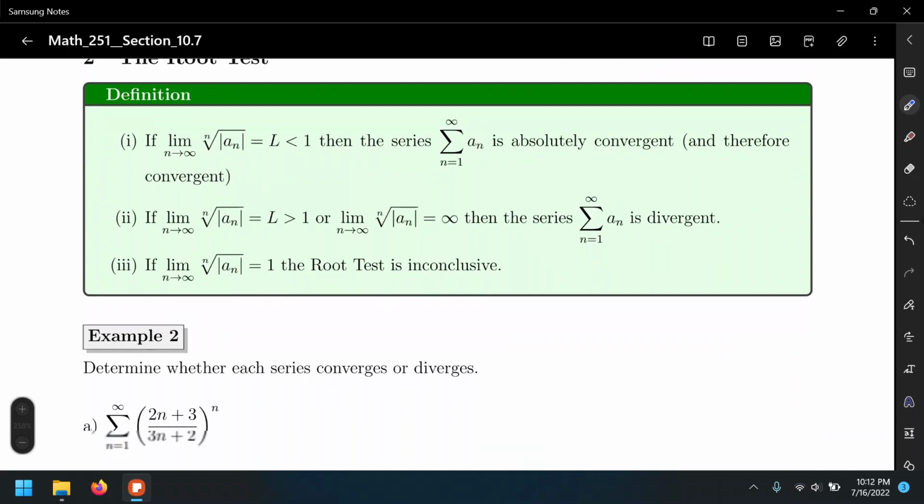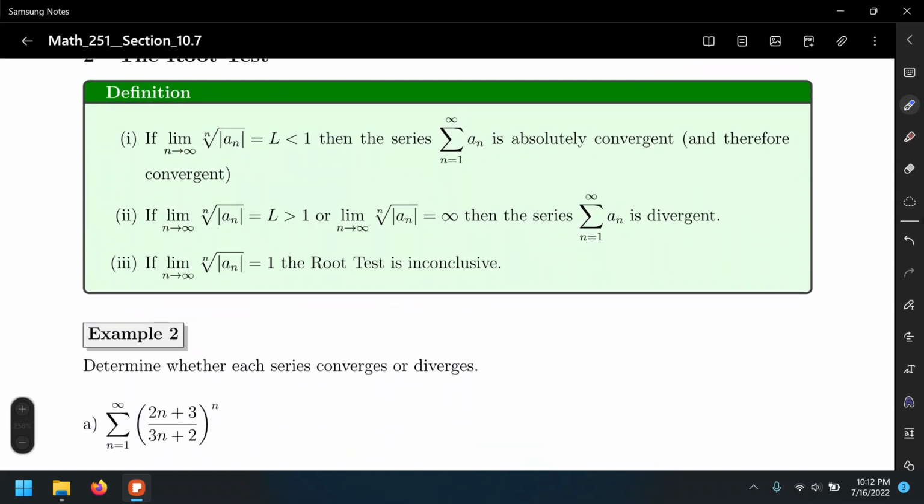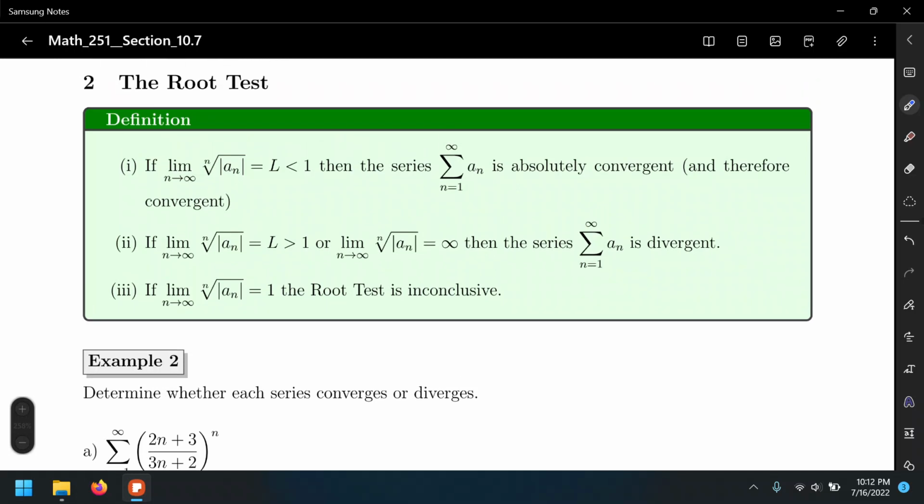For the root test, it's similar in terms of how we conclude convergence and divergence based on the value of the limit. It's the same as the ratio test: if the limit is less than 1, the series converges absolutely, if the limit is greater than 1 or infinity, the series diverges, and it's inconclusive when the limit is 1.